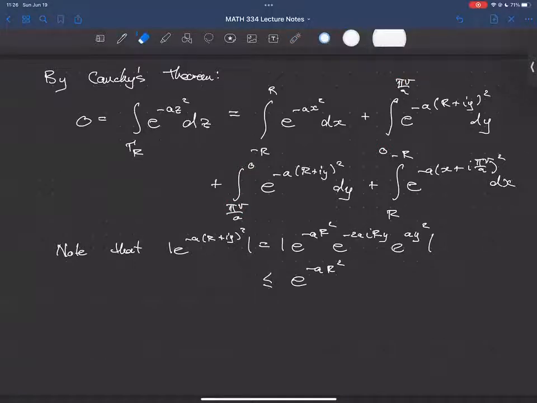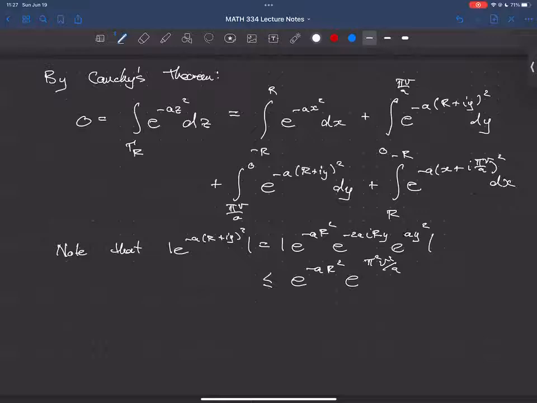And so the worst case scenario here is going to be e to the a times (pi nu over a) squared, so it's going to be pi squared nu squared over a squared. The a is going to cancel, so it's going to be e to the pi squared nu squared over a. All right.